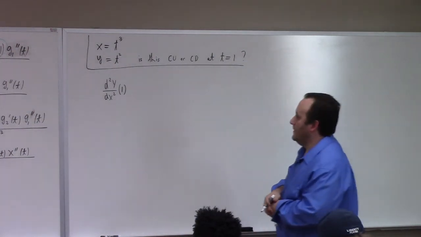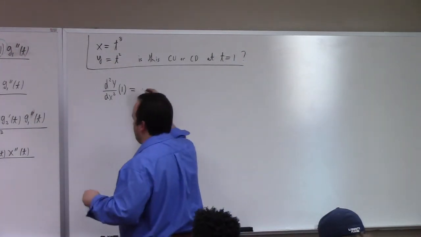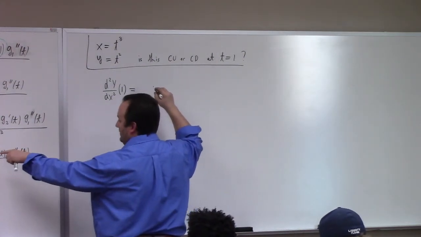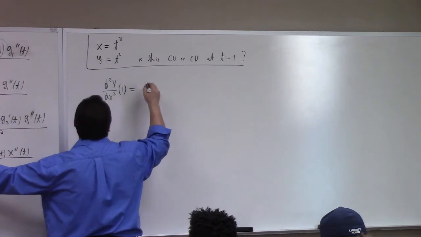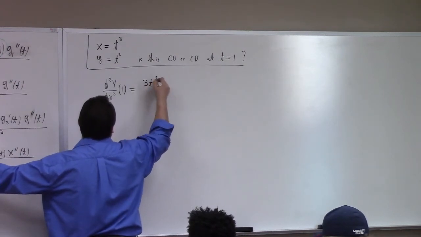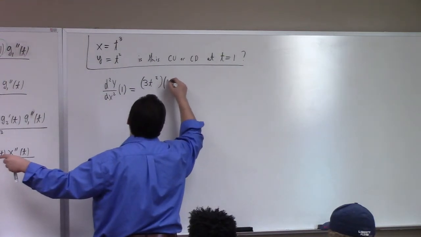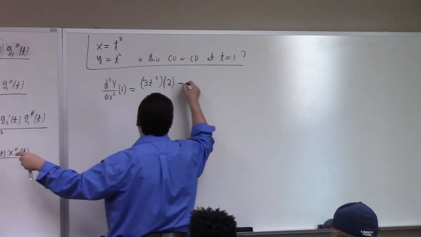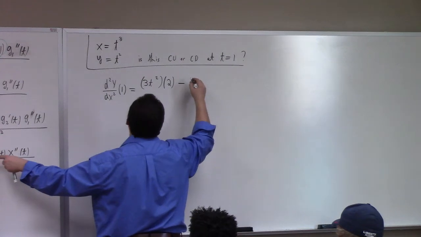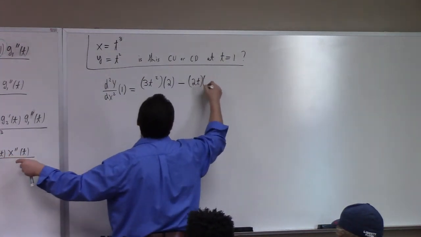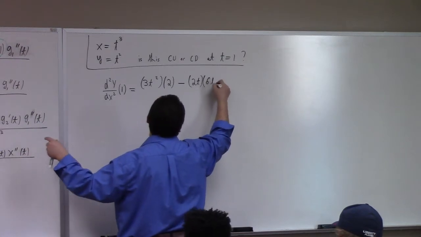So if we use the thing I just derived, what's x prime? x prime is 3t squared. What's y prime prime? It's 2. And then we're supposed to subtract y prime, which is 2t, times x prime prime, which is 6t. Thank you.